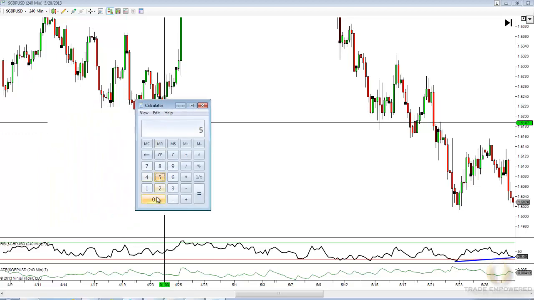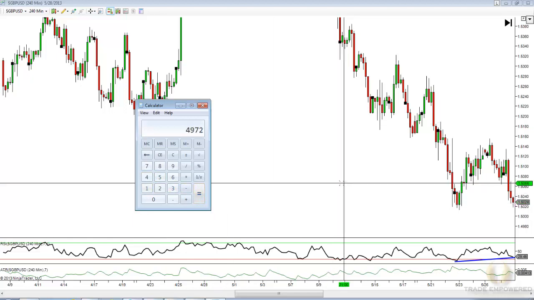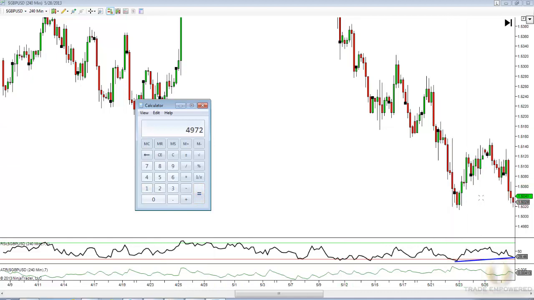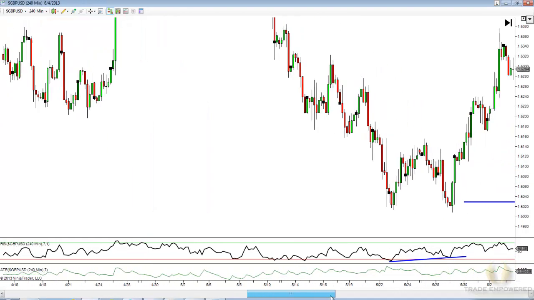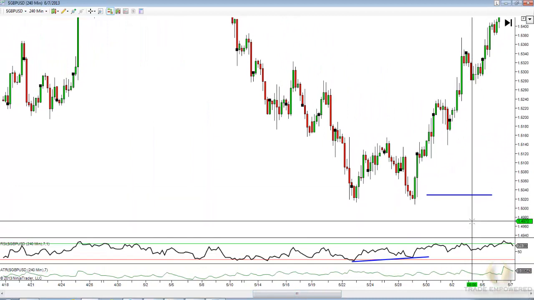So I'll take 50.13 minus my ATR, which is 41. And that's where I'm going to look to put my stops: 49.72, which is right down here.